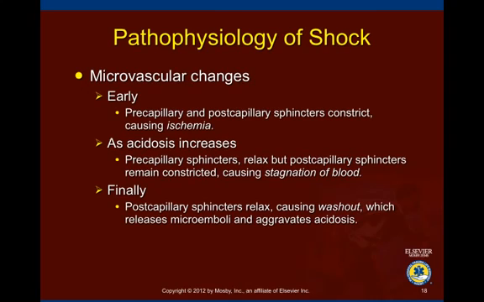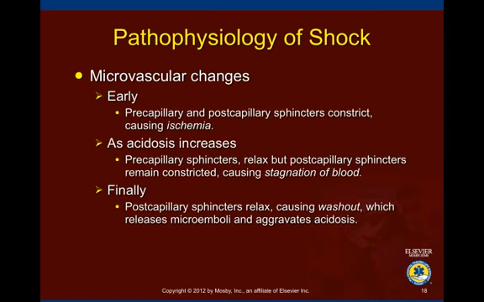So what goes on is there's a sphincter on the front end of the capillary and then on the back end, so pre and post capillary sphincters. And initially they both constrict, but then as time goes on, the precapillary sphincters, the ones on the inbound side, will relax, but the ones on the outbound side, the postcapillary, remain constricted.